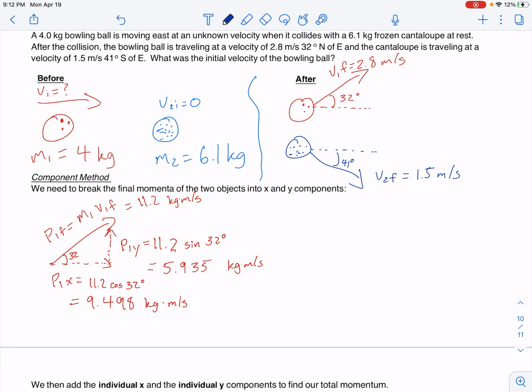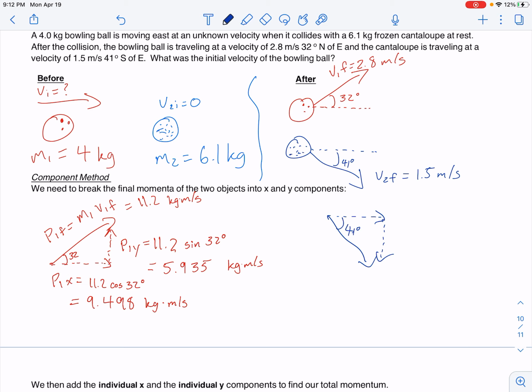Now we do the same thing for our blue ball. Again, this is a good time to pause and do it yourself before watching the solution. So same thing, just drawing out my diagram.